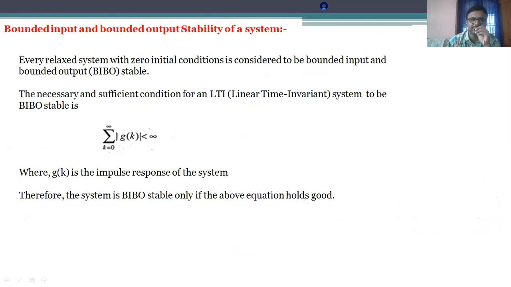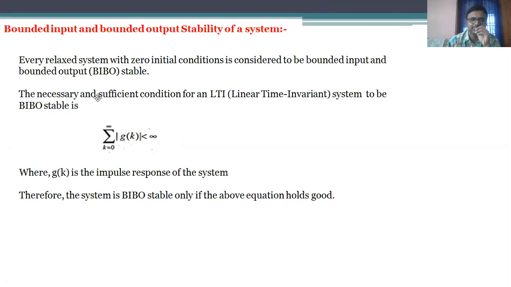Therefore, a system is said to be bounded input, bounded output stable only if this condition is satisfied. If the condition holds, every relaxed system with zero initial conditions is considered a bounded input and bounded output stable system.